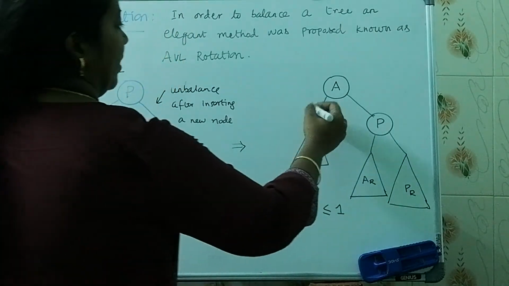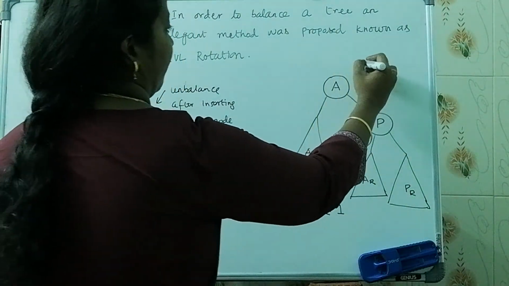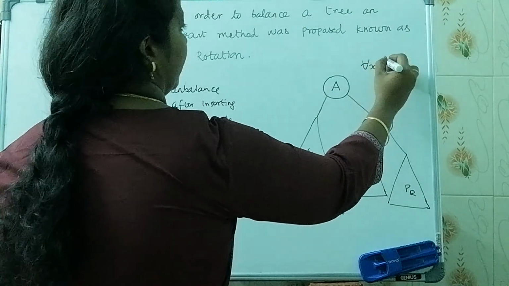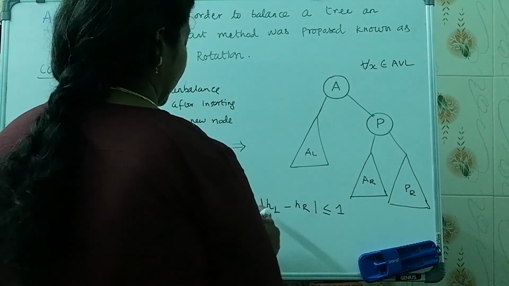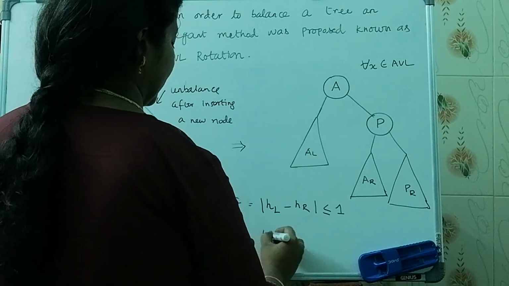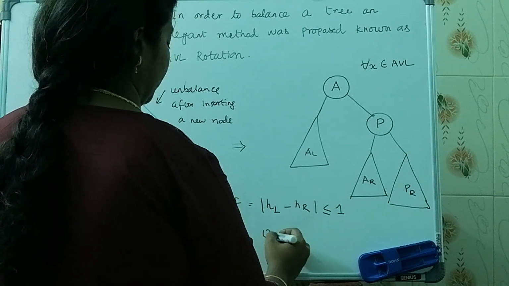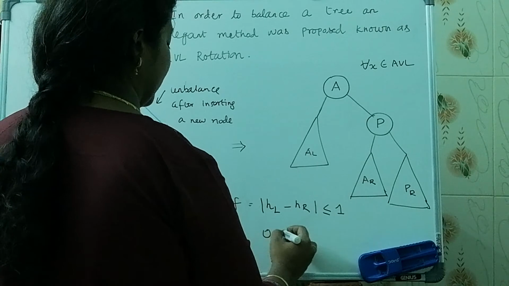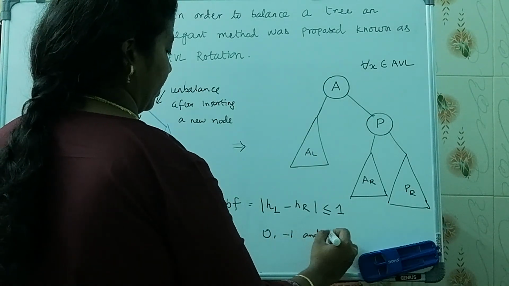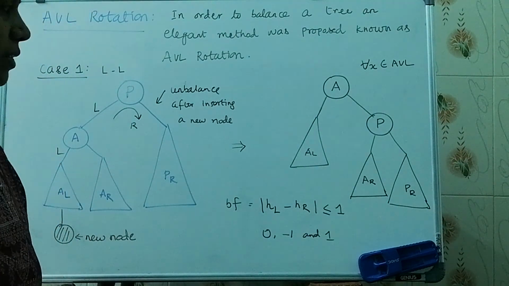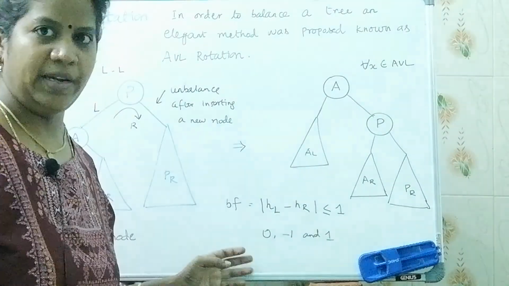We try to make this hold for every node in the BST or AVL tree. The balance factor is 0, -1, or 1. Okay, this is the case. Now let us take an example and then discuss.